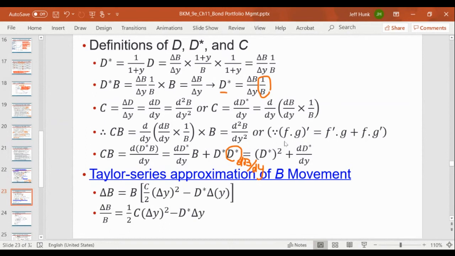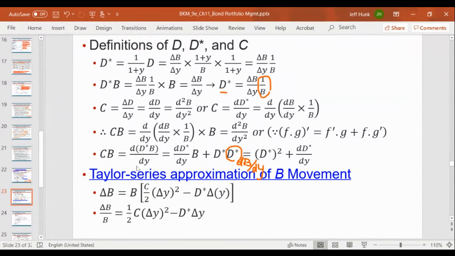When you are taking the derivative of a product of two functions, you have to split them up: the first term is the derivative of the first function times the second function, plus the first function times the derivative of the second function. It's called the product rule.